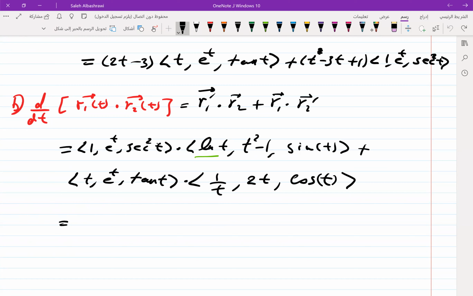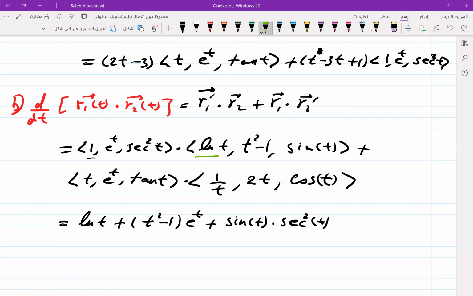This will give me this dot product: 1 with ln of t equals ln of t, plus t square minus 1 multiplied by e to power t, plus sine of t multiplied by secant square. This is the first one.